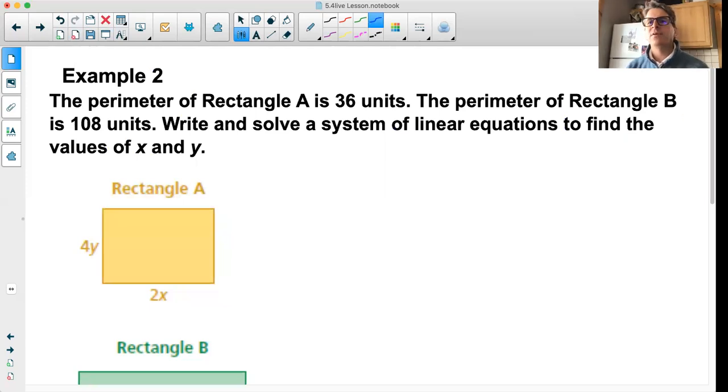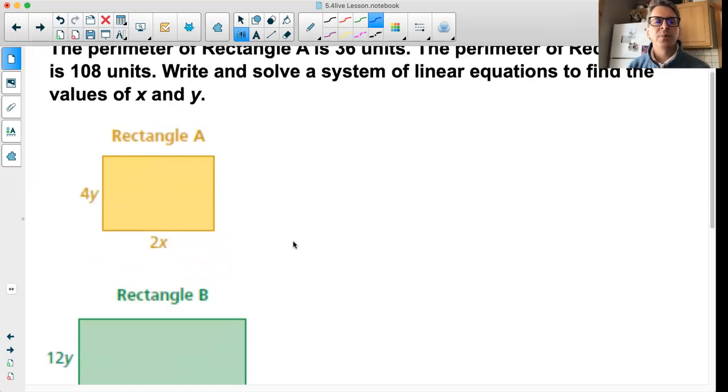In example 2, it's kind of a word problem, I should say. And it says the perimeter of rectangle A is 36. The perimeter of rectangle B is 108. Write and solve a system of linear equations to find the values of x and y.